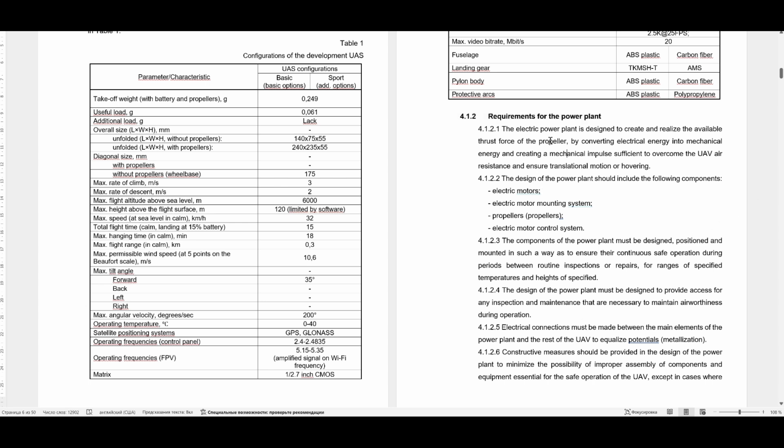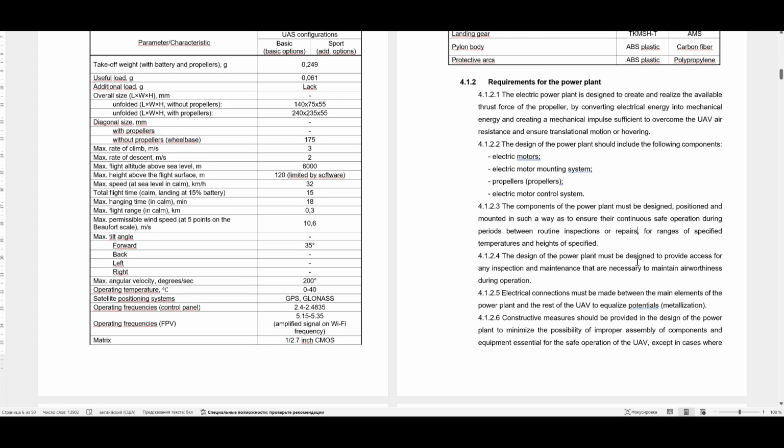The electric propulsion system is designed to create and realize the available thrust force of the propeller by converting electrical energy into mechanical energy and creating mechanical impulse sufficient to overcome the unmanned aircraft vehicle air resistance and ensure translational motion or hovering. For the subcomponents of the power plant, the standard wording of the paragraph, the component is intended for, is made according to a similar principle based on the formulation of the functional model.